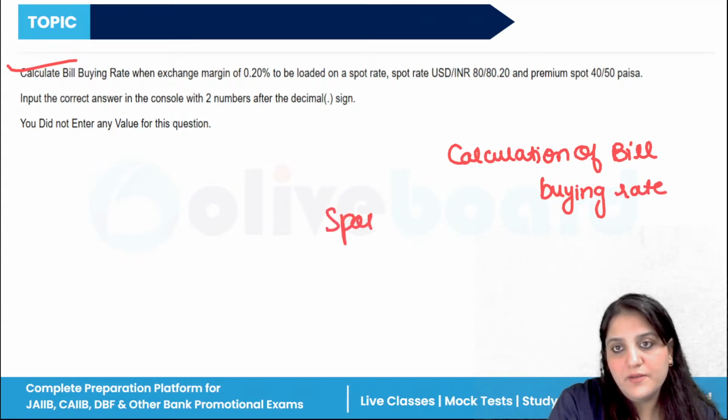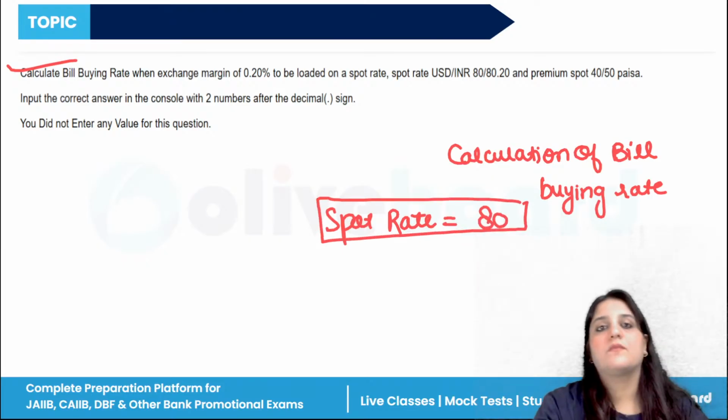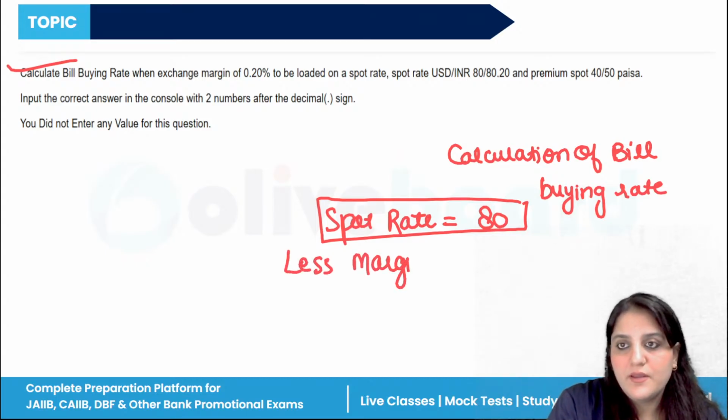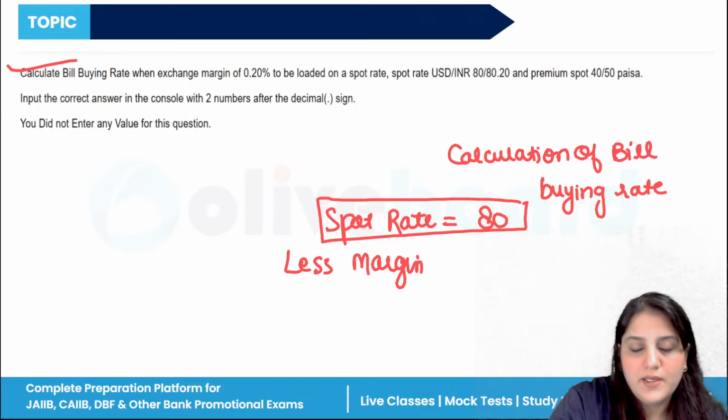Spot rate is given, which is 80. Now obviously we have to deduct the margin from it.